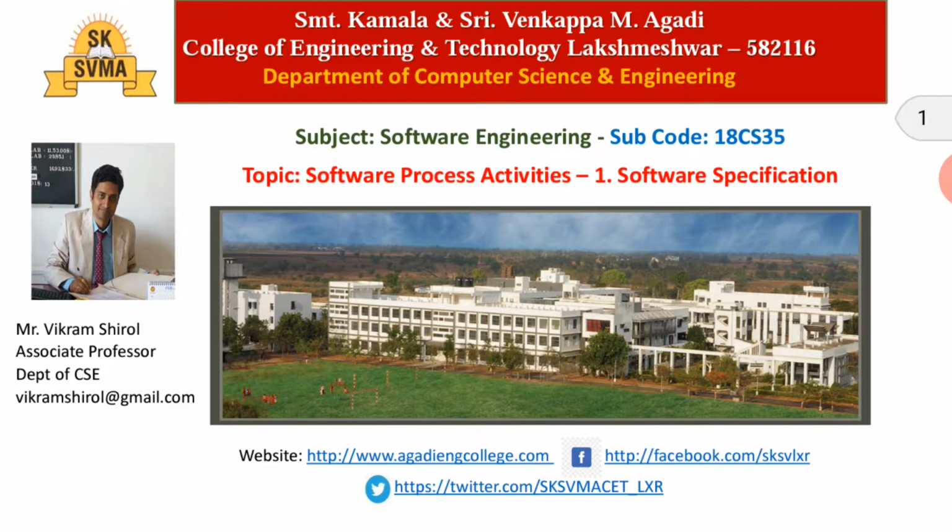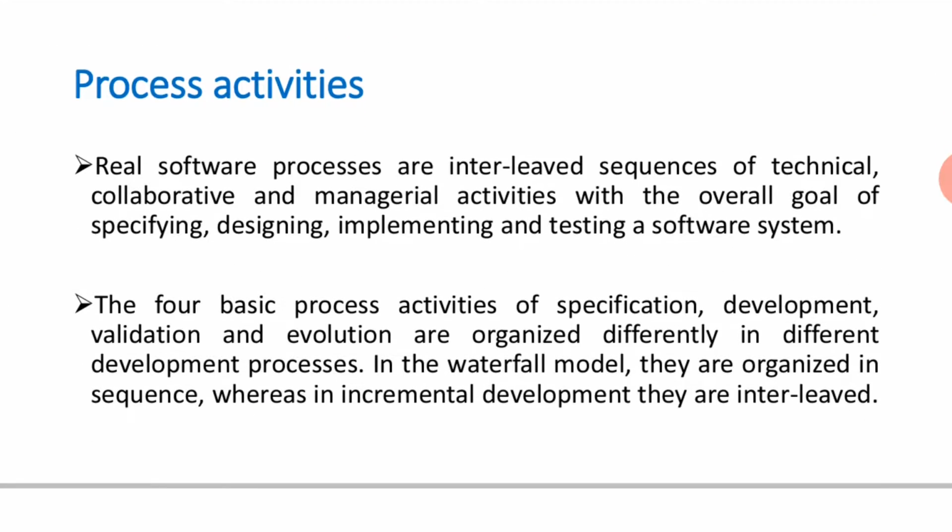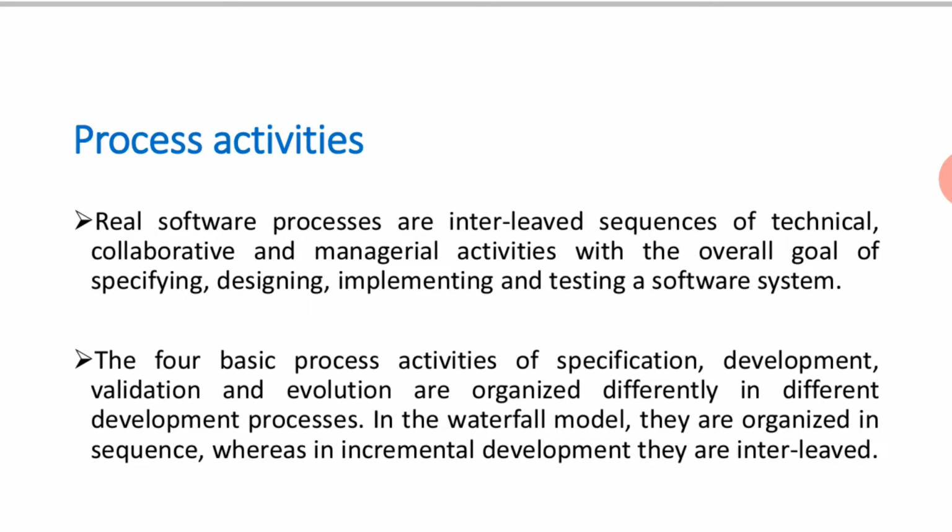In this video, we will be focusing on the first software process activity, that is software specification. Just have a look at that. Before we start, normally along with these four process activities that we need to carry out for the overall development of our software, there are many other real software processes interleaved, that is, a sequence of technical, collaborative and managerial activities with the overall goal of specifying, designing, implementing and testing a software system.